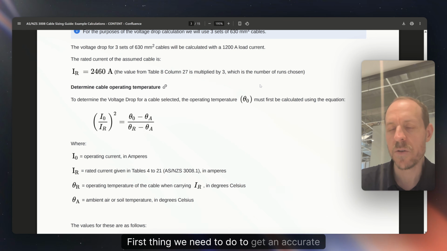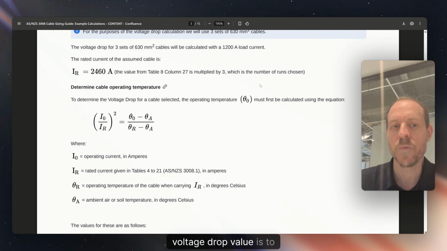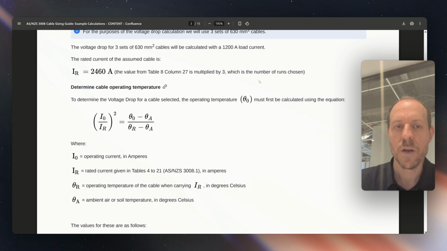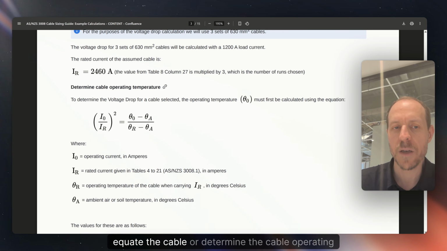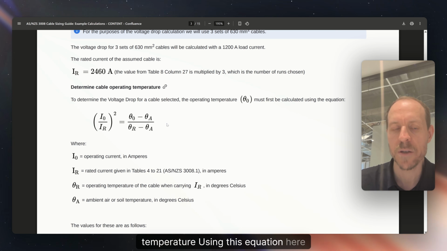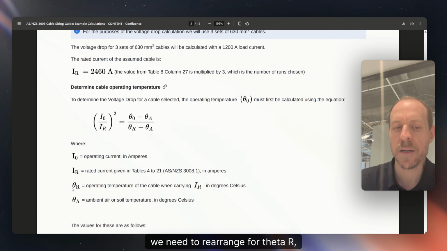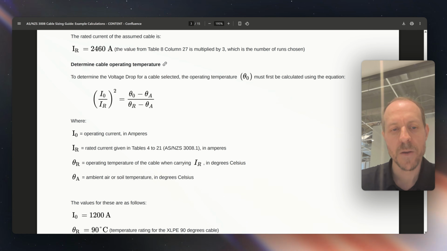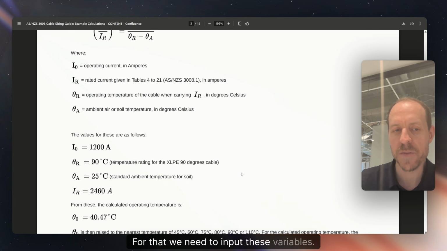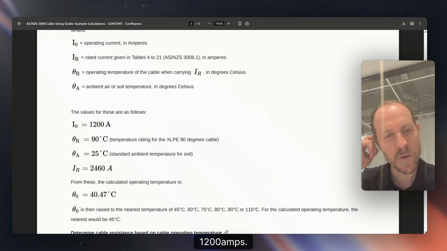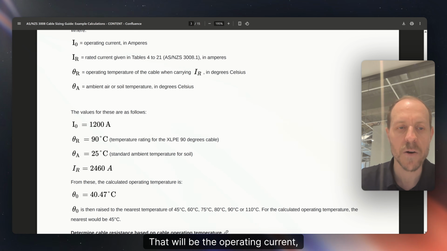First thing we need to do to get an accurate voltage drop value is to determine the cable operating temperature using this equation here. We need to rearrange for theta r, which is the third variable down. For that, we need to input these variables. 1200 amps, that will be the operating current.